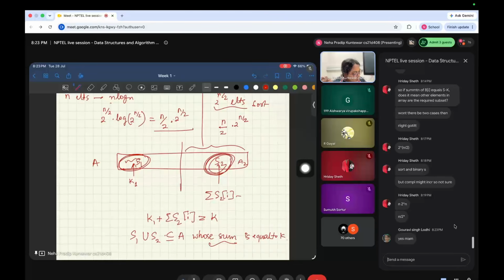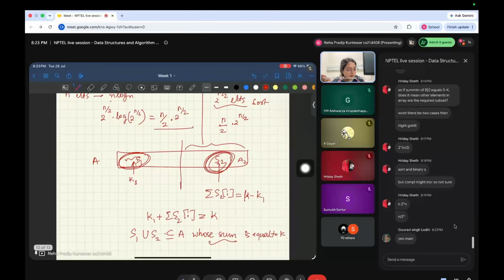So if the value of a subset S1 in A1 is k1, then you're looking for a subset inside A2 whose value is k minus k1. If that is found, then you have a bigger set whose sum is equal to k. Is this okay?